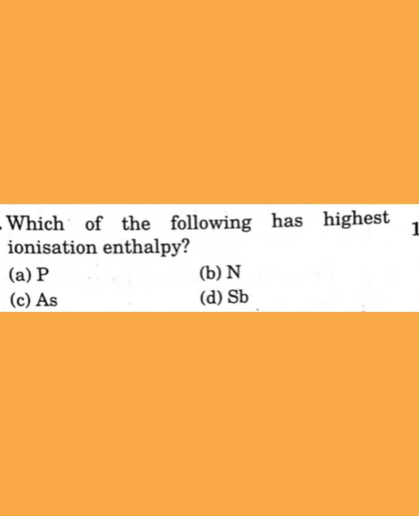Therefore, ionization energy or ionization enthalpy decreases. Nitrogen is the first element in 15th group. Therefore, nitrogen has high ionization enthalpy compared to other elements in this group.